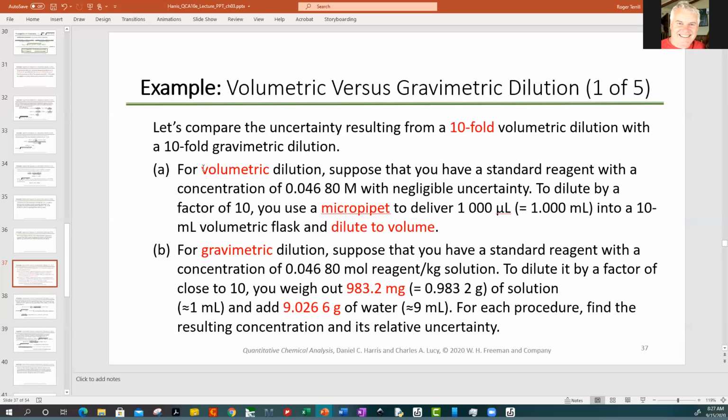But it's not true for volumes, because more often than not, when you add a concentrated and a dilute solution, there's a tiny bit of change in volume. So in any case, that's neither here nor there in this question. The point is to calculate the uncertainty in these two cases.